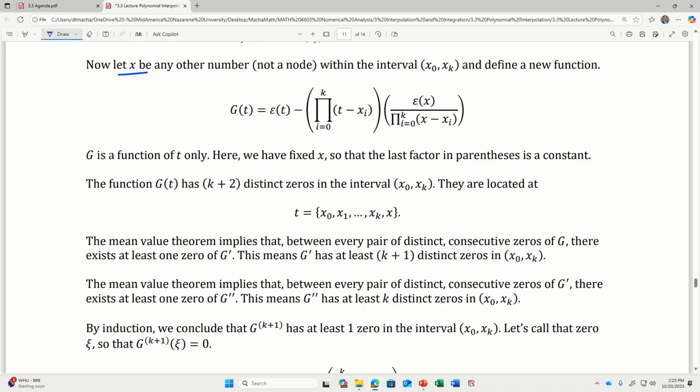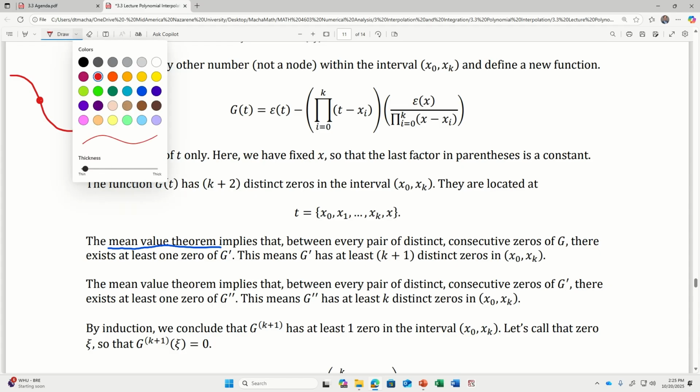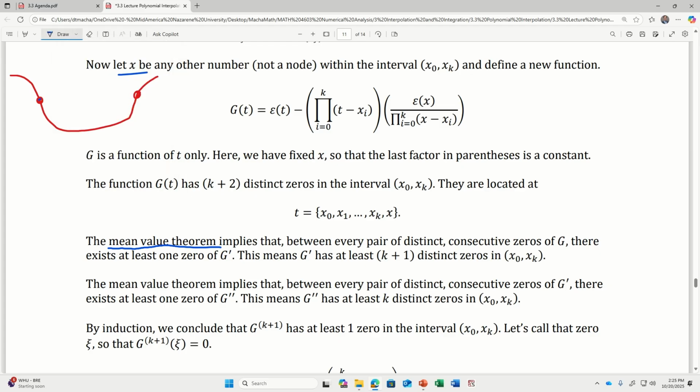Do you guys remember the mean value theorem from Calculus 1? The mean value theorem says that if I've got a point here and a point here and a function passing through these points, as long as this function is differentiable, then the average rate of change between these 2 points is equal to the instantaneous rate of change at one point in between them, right?